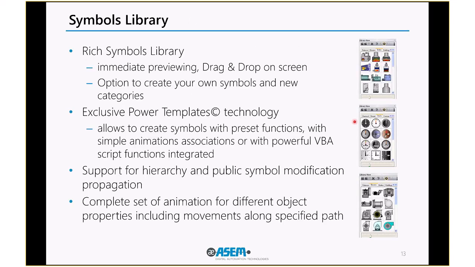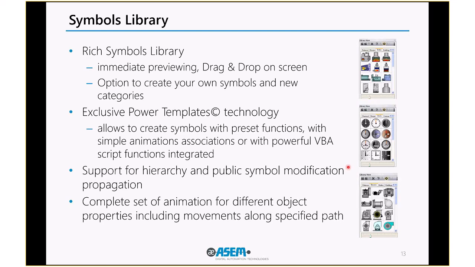Together with the HMI objects, we also have a rich symbol library. And then we have a lot of industrial symbols, all of them vector, so you can use them to improve the graphic quality of your project, and then you can also interact with them.